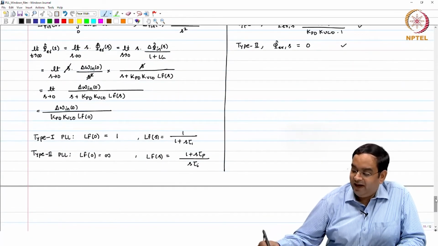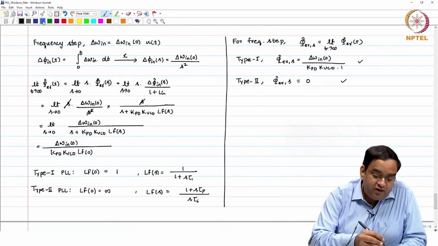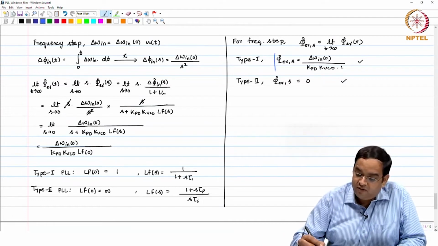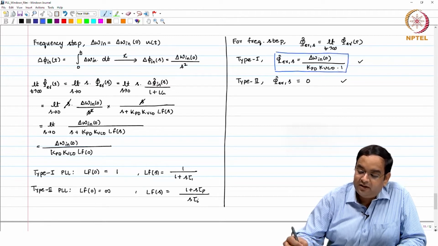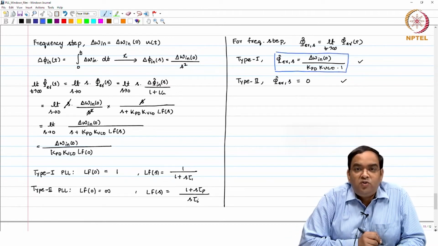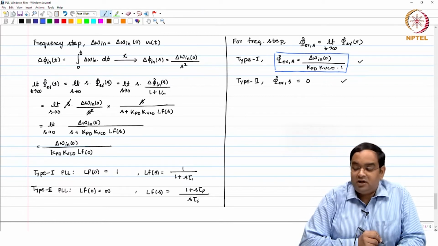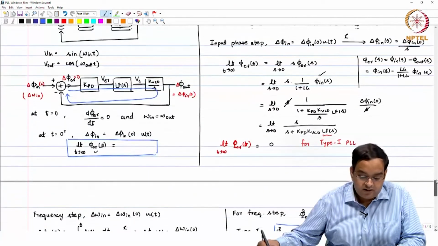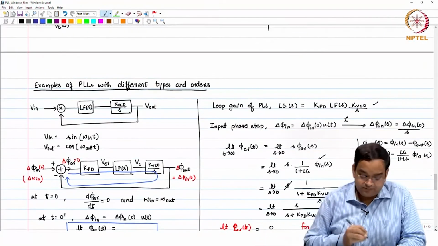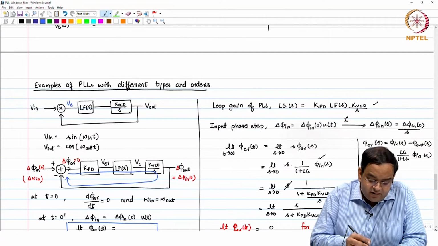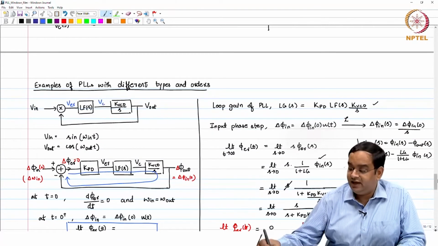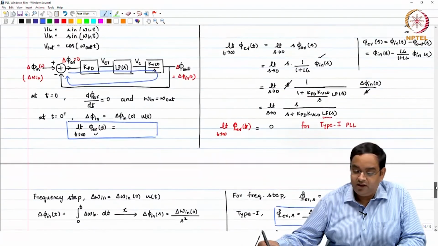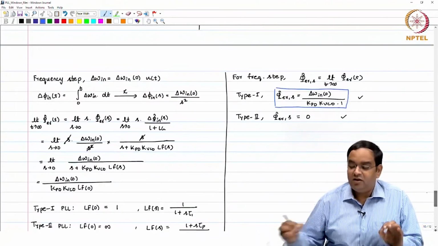But keep one thing in mind, that this particular value phi error steady state which you see here does not take into account the large signal, or you can say the actual voltage signal at each of these nodes. It is only for small signal modeling.